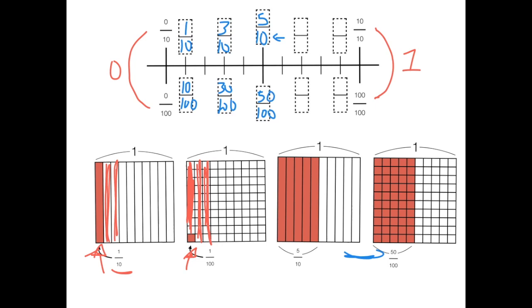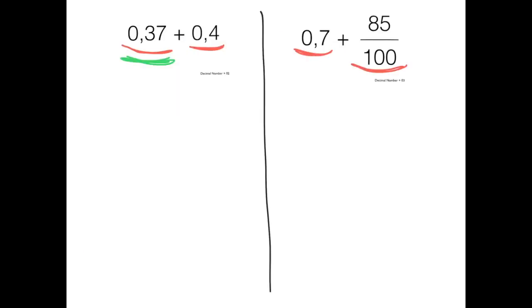Then we can use what we've filled in so far to help us recognize that 7 tenths would be equivalent to 70 hundredths, and 9 tenths would be equivalent to 90 hundredths. Students might have to draw the number line or the rectangles when they're starting their practice with tenths and hundredths. In this case, the equivalency that I want to recognize is that 4 tenths is equal to 40 hundredths.